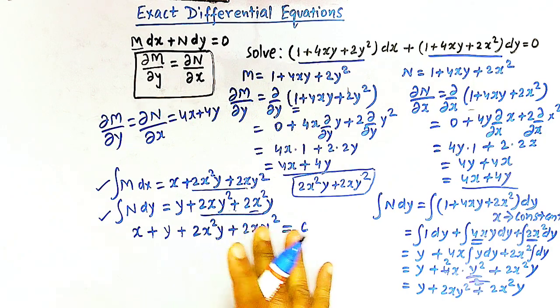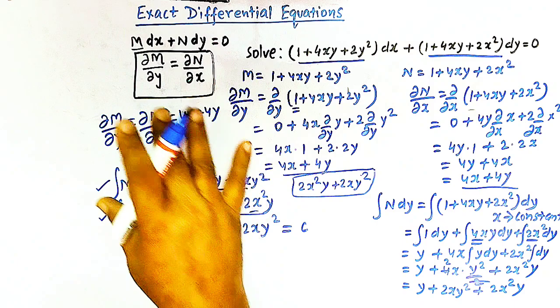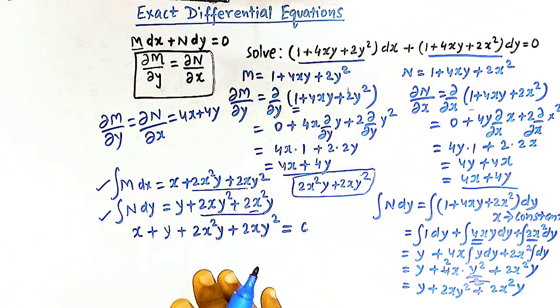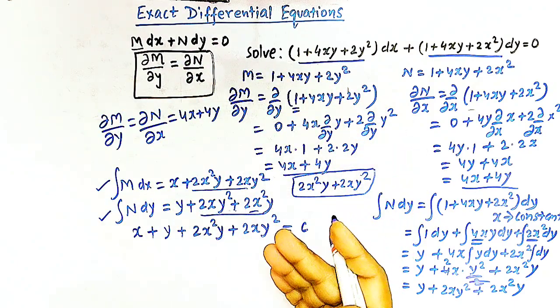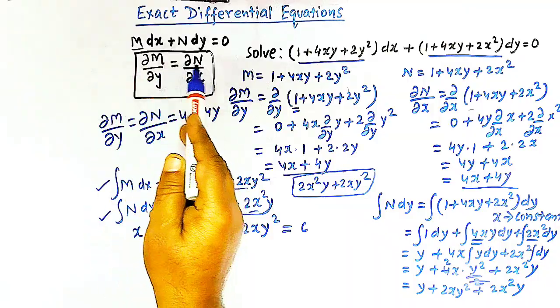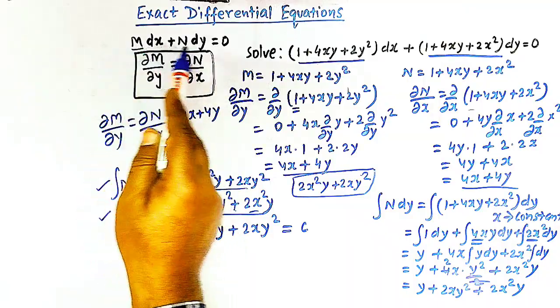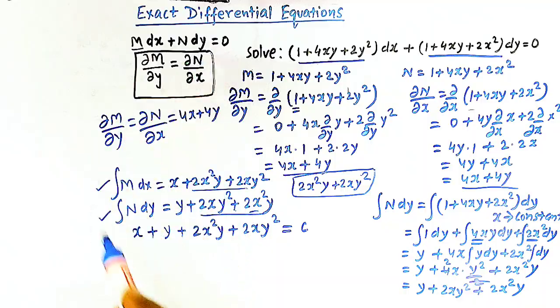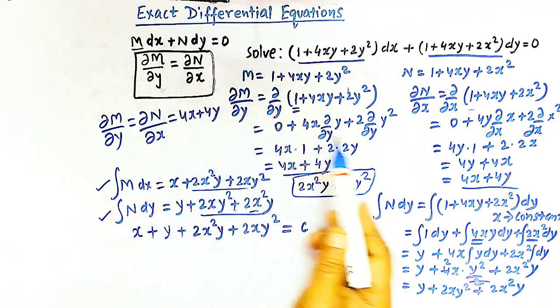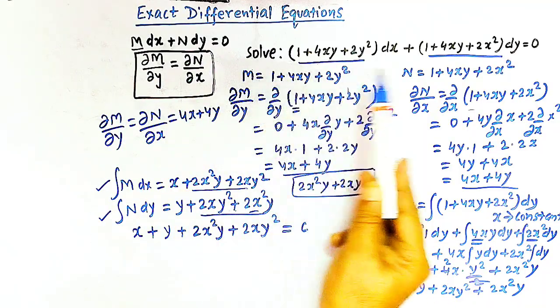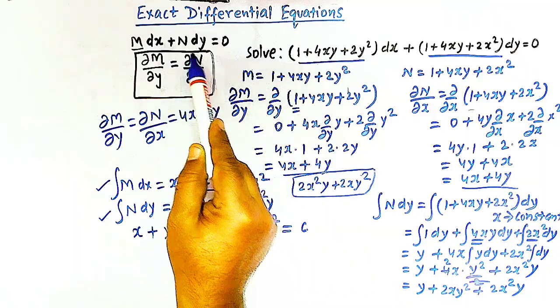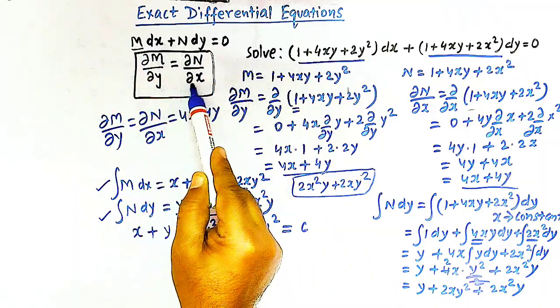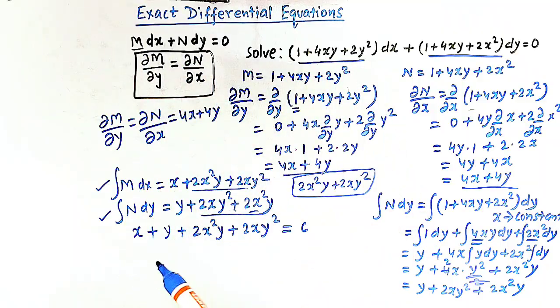So here, let us summarize the algorithm, that is, the procedure for finding the solution of exact differential equations of the form M dx plus N dy equal to 0. First we take M and N, and verify whether this condition is satisfied by the given differential equation.